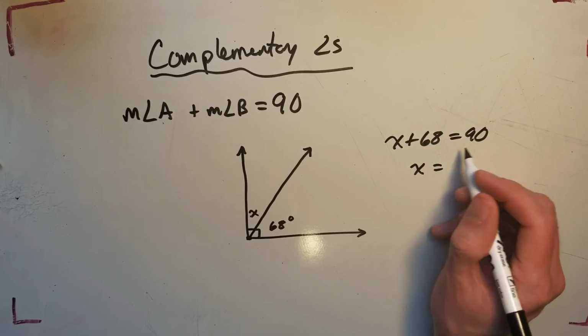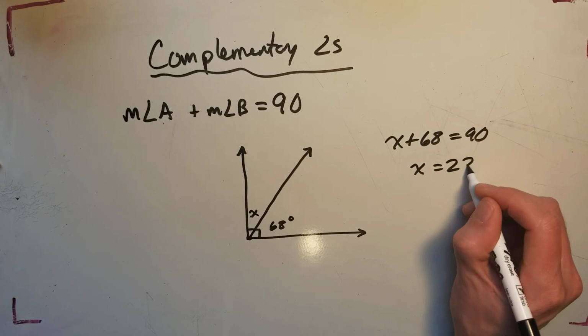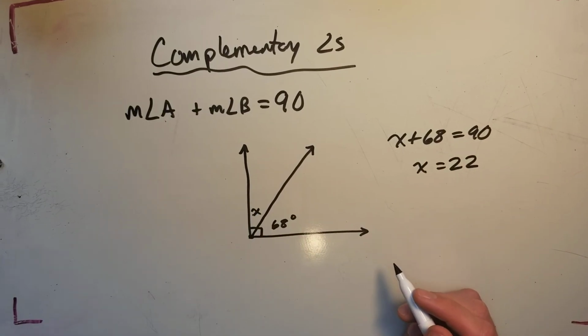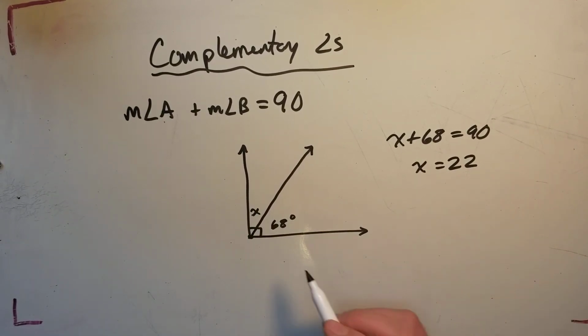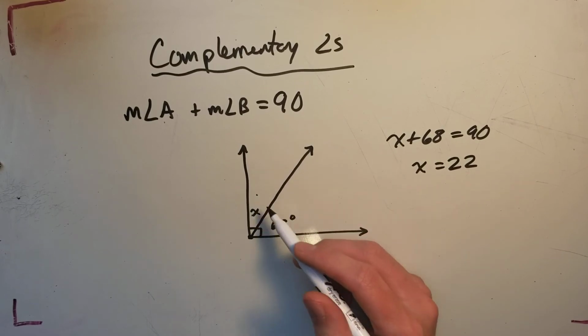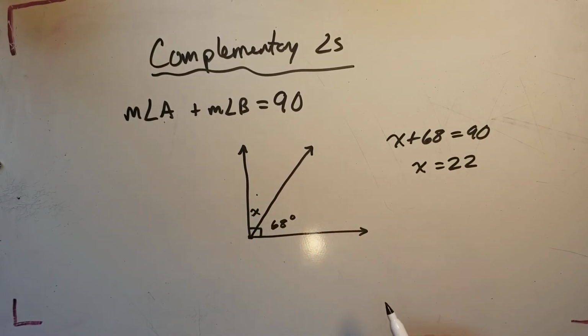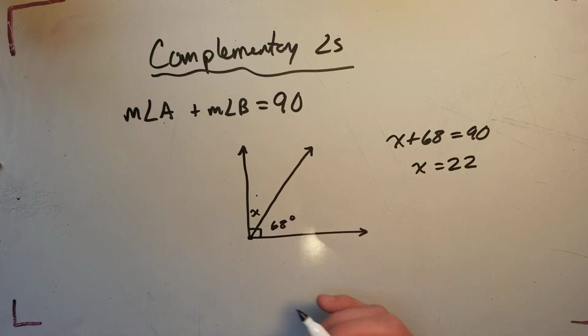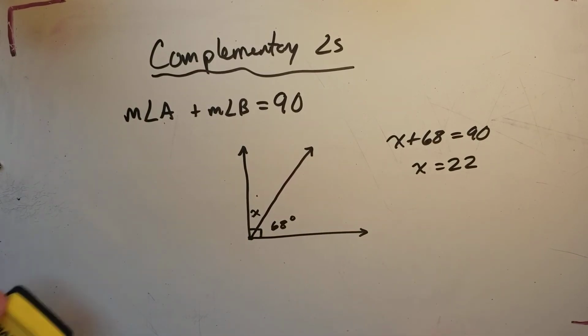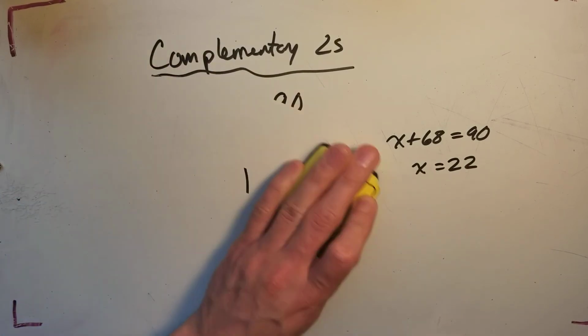Subtracting 68 from both sides, x is equal to 22. So if a right angle is split into two angles, those two angles are complementary because they have to add up to the whole 90 degrees. So that's one special relationship, complementary angles.